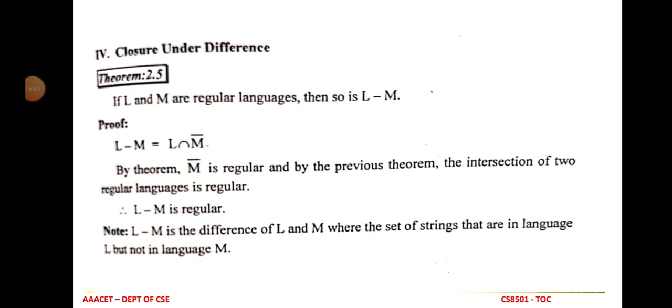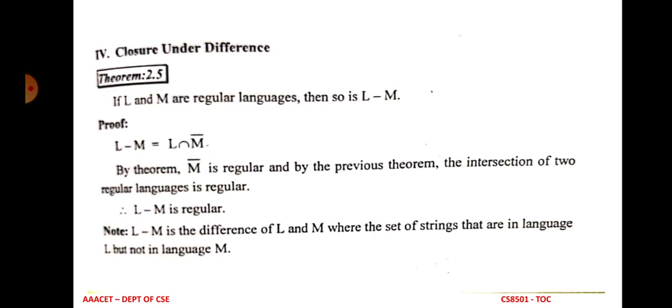And the next operation or property is difference, closure under difference, or otherwise the difference of two regular languages is regular. Consider the same two regular languages L and M, then L difference M is also a regular language. So we are taking the proof from the given condition: L minus M is equal to L intersection M dash.